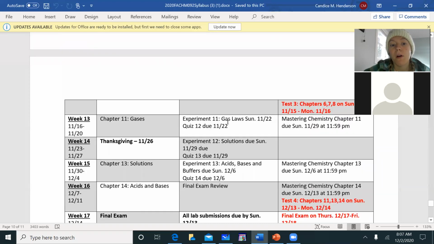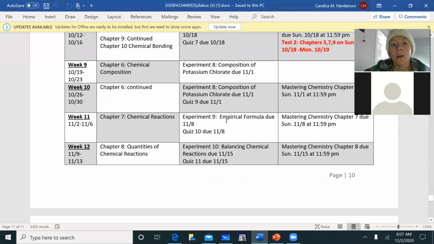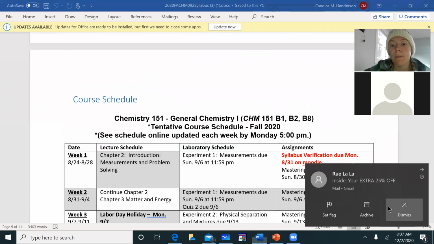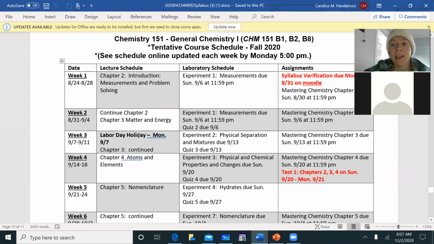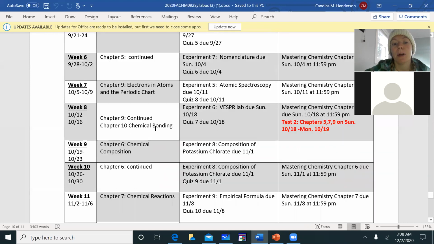So before next week, before the final exam review, I'd recommend going through all the other chapters. I'm not saying that you're going to do some really intense studying, but at least look through the chapters and go, okay, yeah, chapter 2 measurements, I can do conversion factors in my sleep now, right? Oh, I don't remember nomenclature. Oh, I don't remember chemical bonding.